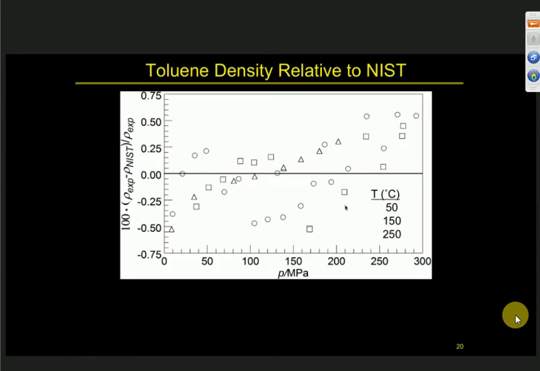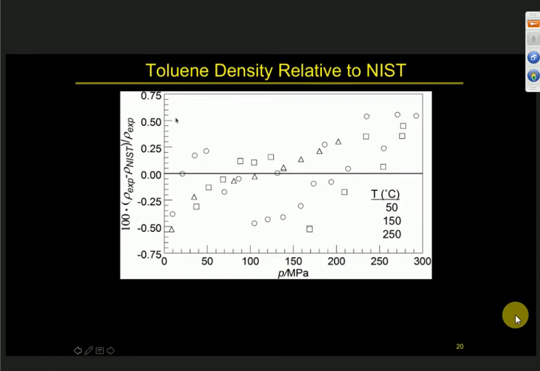This apparatus is able to measure both density and viscosity simultaneously. We measure the density at three different temperatures, 50, 150, and 250 degrees C, all the way to 300 megapascals. We compare our density data with NIST, the National Institute of Standards and Technology.